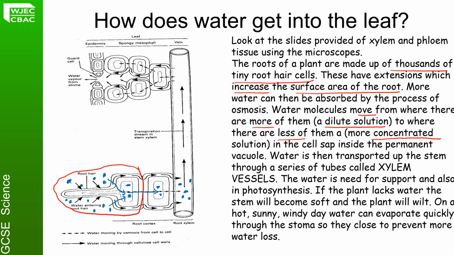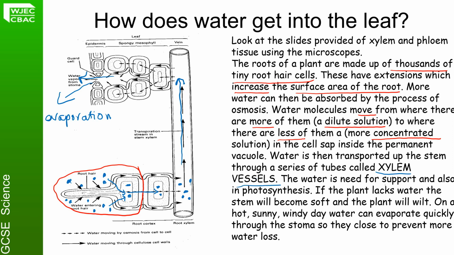And in the xylem, because the leaf is constantly losing water by evaporation out the surface of the leaf, up at the top of the plant, it causes water molecules to be sucked, a bit like when you suck on a straw and you suck liquid up through it. As water moves out of the leaf, that causes more water to be sucked in through this process. So these tubes are called xylem vessels.